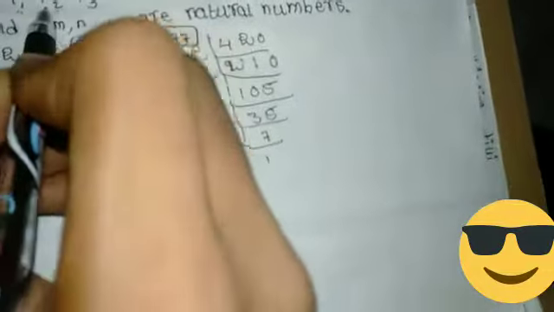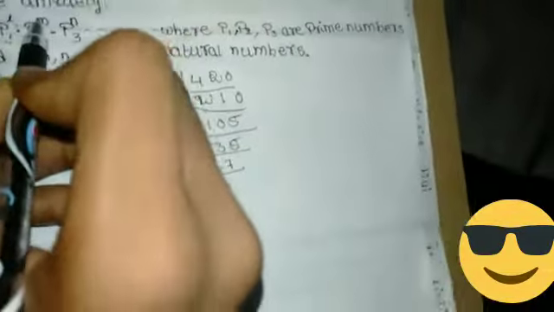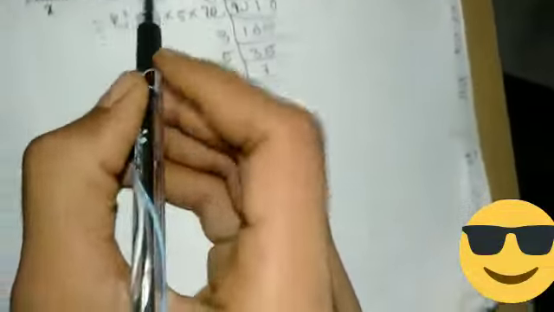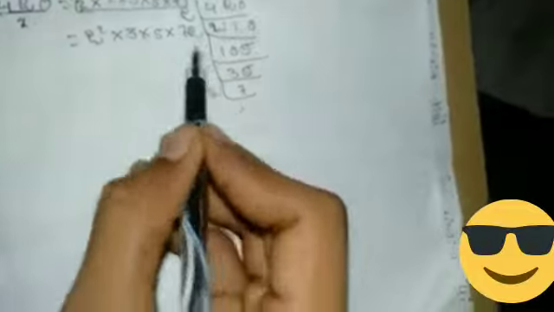Now check this. X equal to P1 power L into P2 power M into P3 power N and so on, where P1, P2, P3 are prime numbers. Here X is nothing but 420. P1, P2, P3 are nothing but 2, 3, 5, 7.